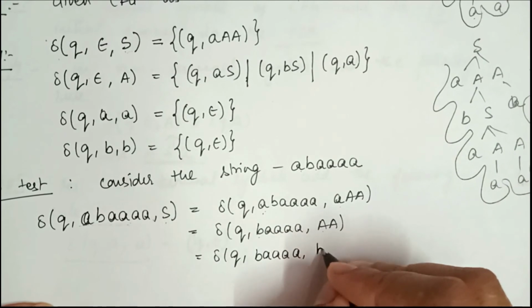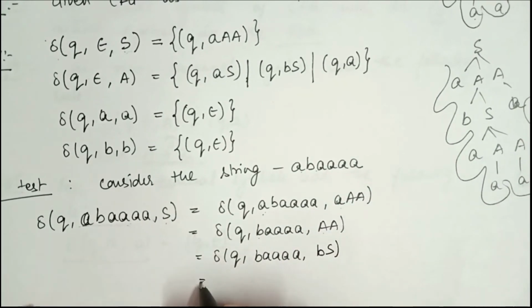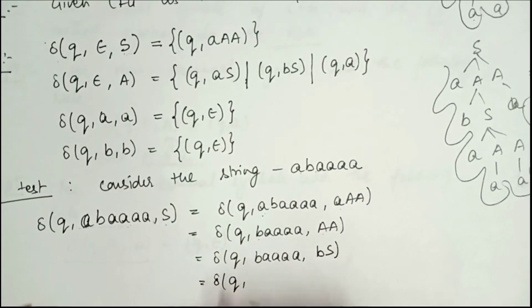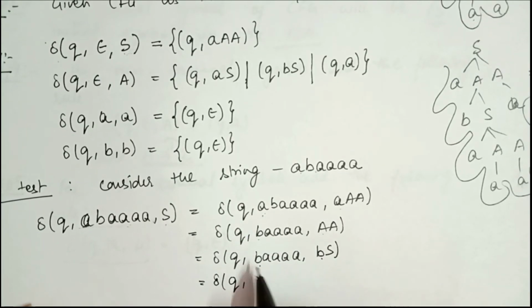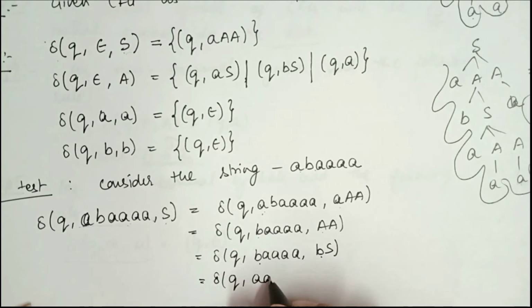Okay, so we can write it as BS. So here check, the input symbol is B and the top of the stack is B. So this B can be popped off and the remaining input string remains 4 times A and S.